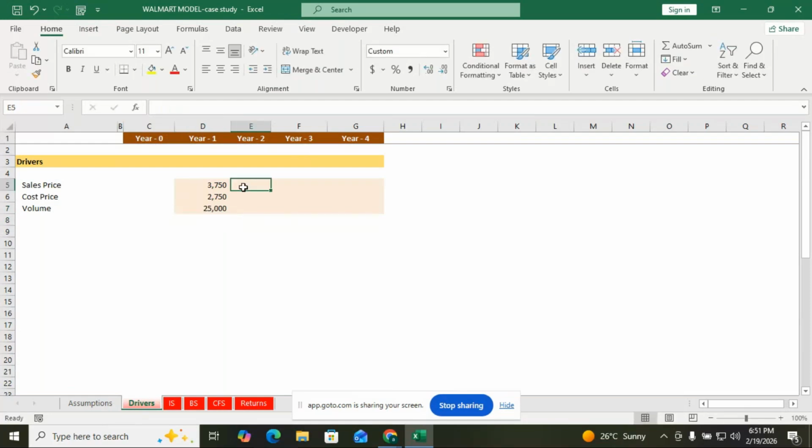And from year 2 onwards, we have an increase of 10%. So equals year 1 into, open bracket, 1 plus 10%, and close the brackets. First observe and then you can do it practically. Again, the cost price also increases by 10%, so 2,750 into 1 plus 10%.